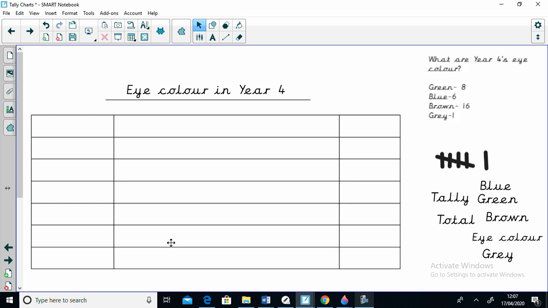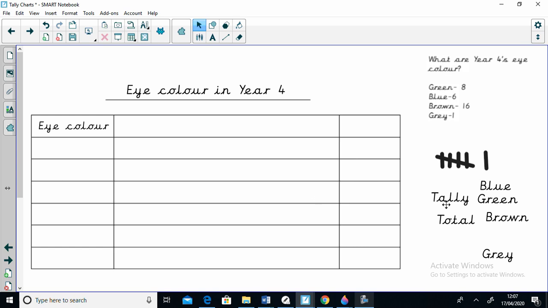because this chart is all about the eye colour in Year 4. You then need to think about giving a little mini title to each column, to show what the information means in each column. This first column, I think, should be, it tells me the different eye colours.